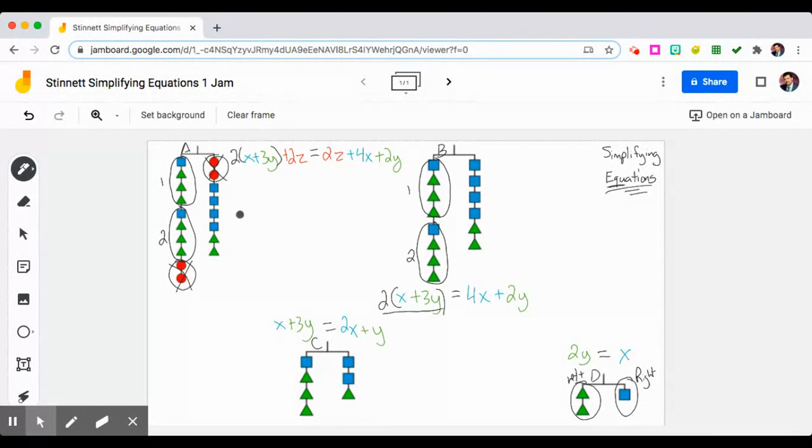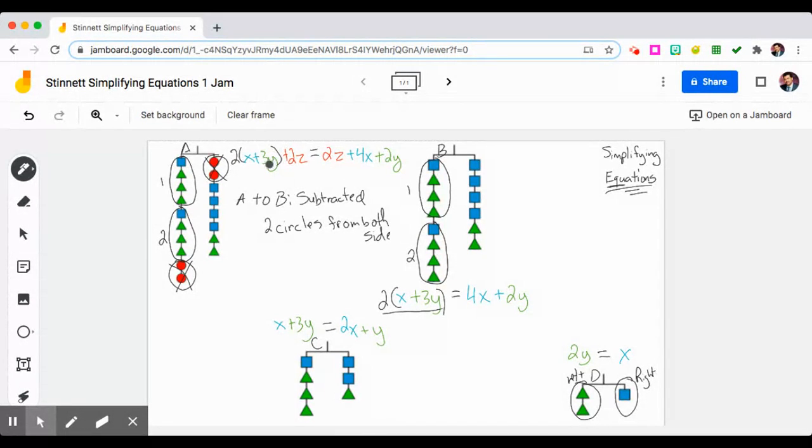So if I want to go from A to B, what happened? We took away two circles from both sides. We subtracted two circles from both sides.